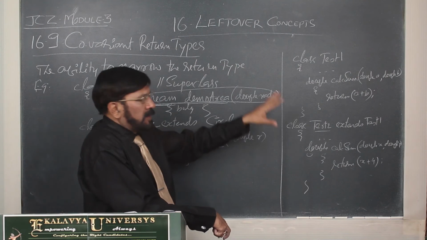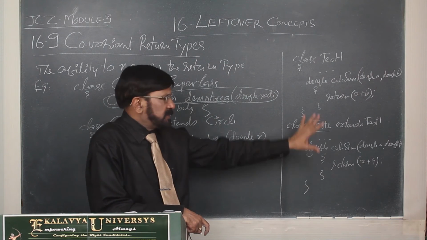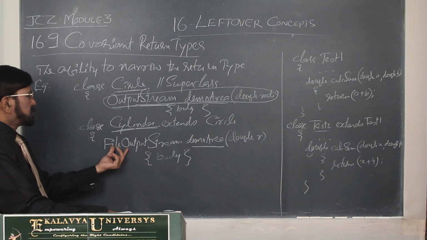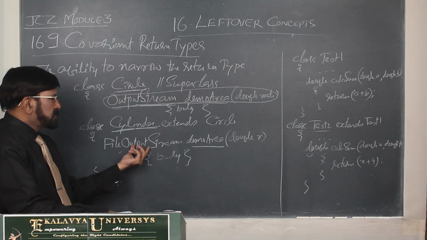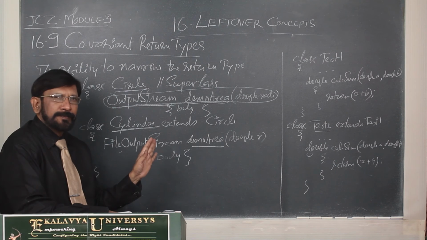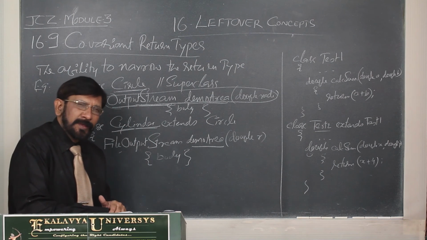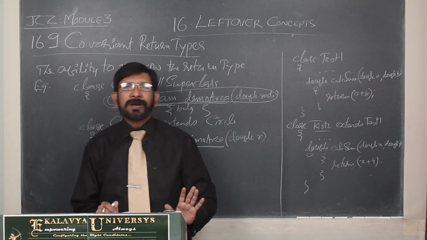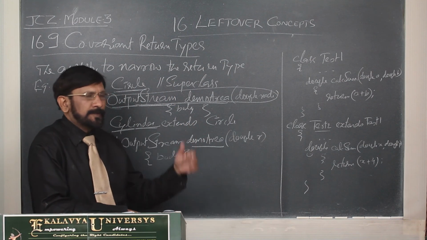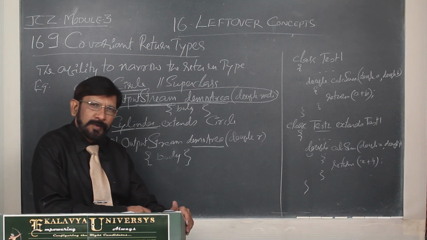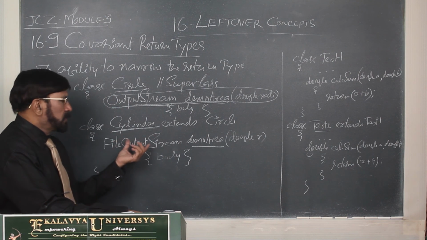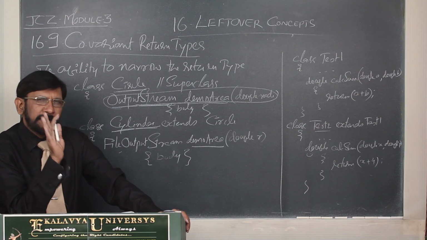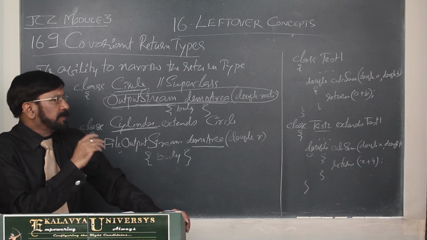This concept is not applicable to primitives, that is why I showed you. Here this is a class, that is why a subclass reference return type is valid. This only you have to understand. Actually you may not feel this concept is very great, but while you are performing programs, you feel it is a very privileged feature, a very smart feature. It is implementation based; only then can you understand that.